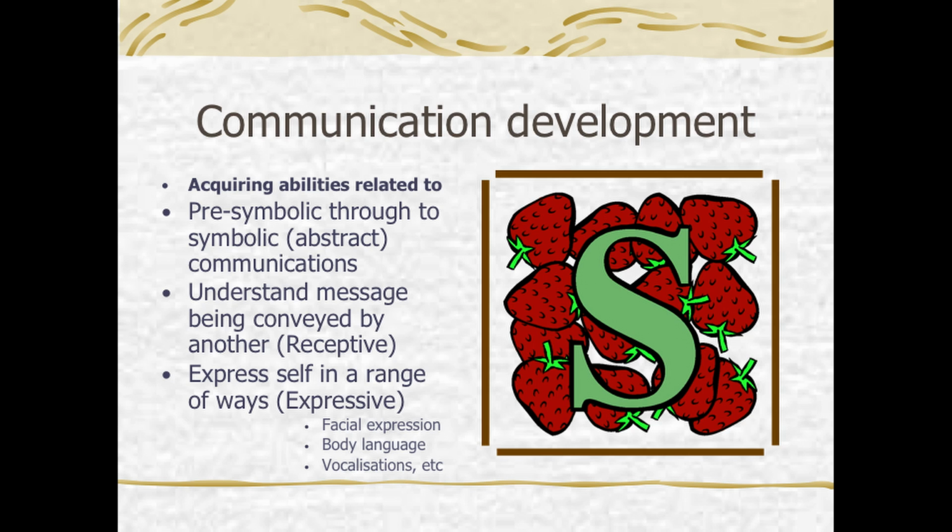C, which represents communication development, refers to acquiring abilities related to pre-symbolic or pre-intentional communication, where communication is essentially more non-verbal. It's kind of relying more on gestures, facial expressions, reading tone, all of those kind of non-verbal parts of our communication, which make up a larger portion of our communication.